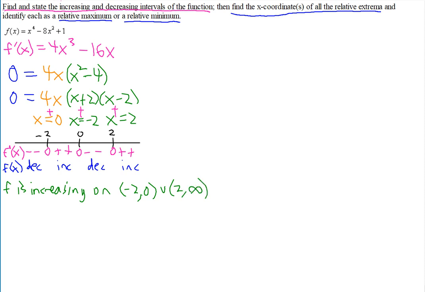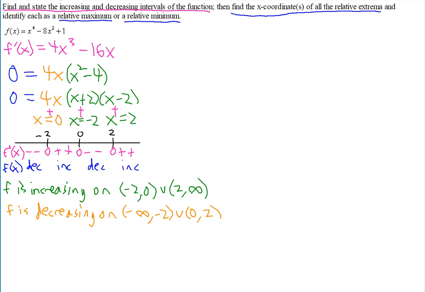And then we can say f is decreasing on -infinity to -2, and from 0 to 2. You say on when you're talking about intervals. If you say at, then it sounds like you're talking about points, and this could look like a point.